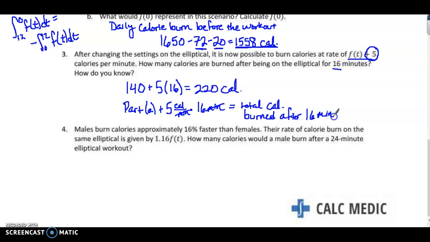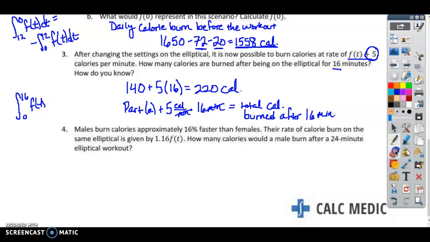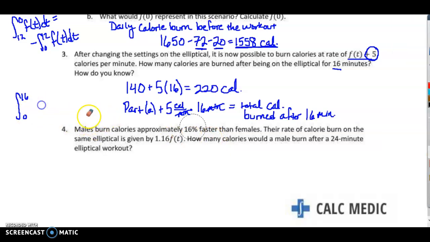All right, and that gives us another nice rule, or another nice concept with integrals. We've got the integral from 0 to 16 of f of t dt. That didn't work out too well. Let's see if we can fix that real quickly. There we go. We'll start over there.